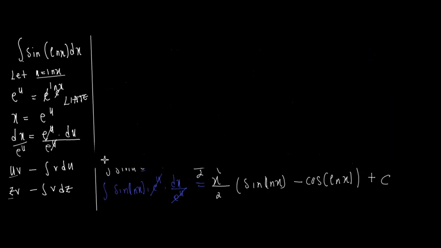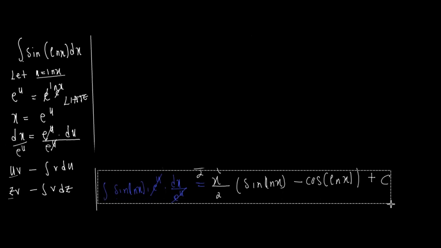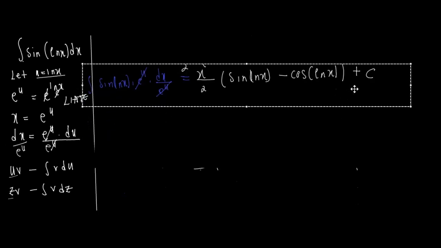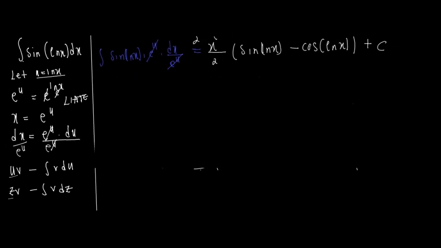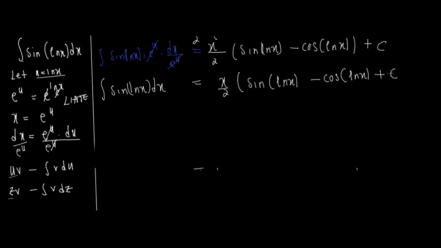If you know any other method that will make this problem simple, feel free to comment in the comment section, because this problem may look more involving. So this one will give us that the integral of sine of ln x dx is equal to x over 2 times sine of ln x minus cosine of ln x plus c.